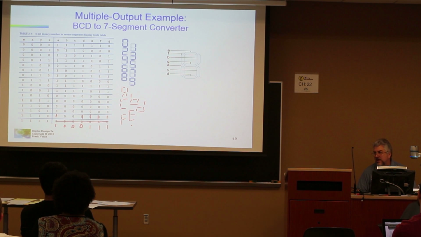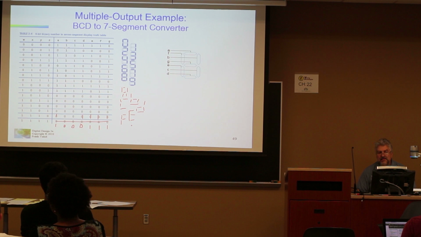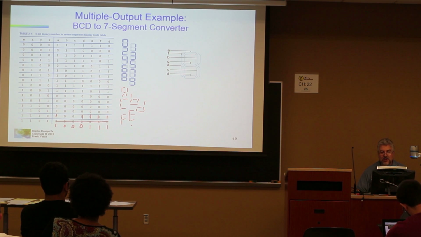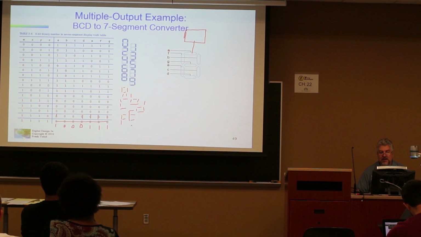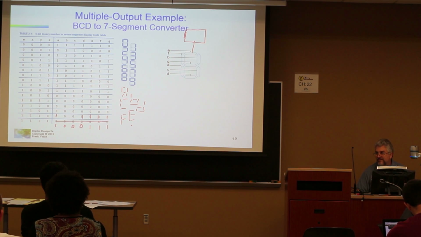But what are we looking at? Are we looking at going across or going down? Because we're going to want some logic to go in here and say, do you light up A or not? So what way can you do that?